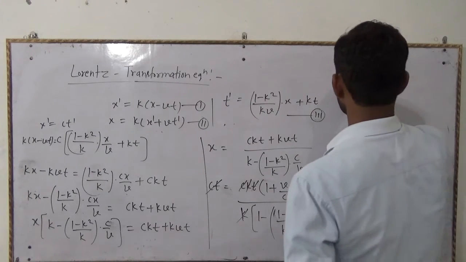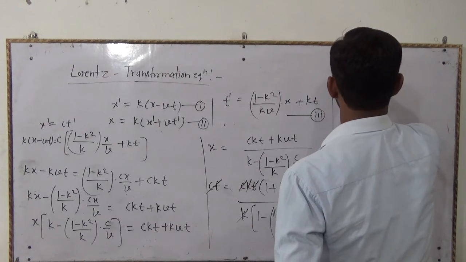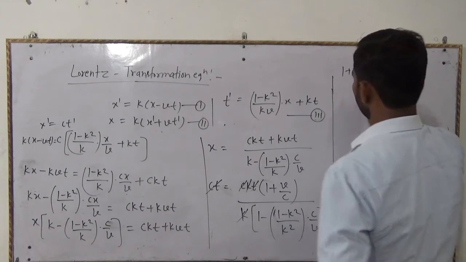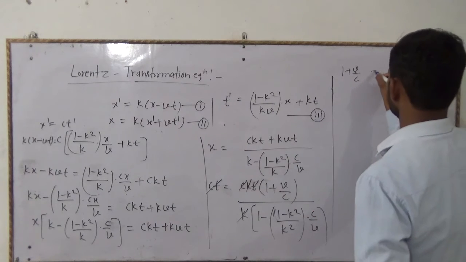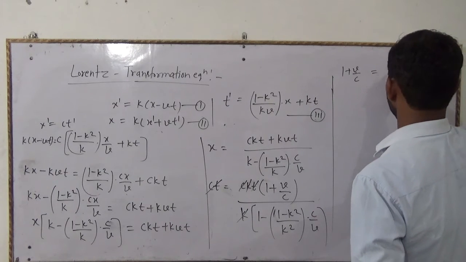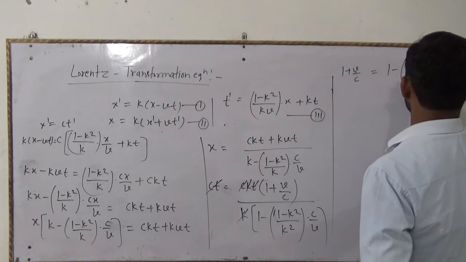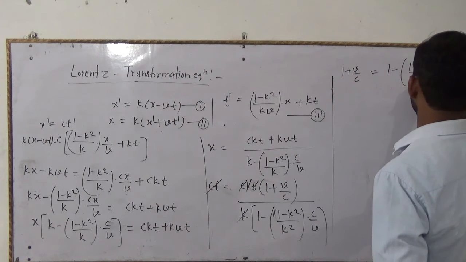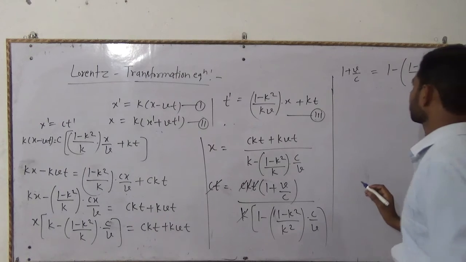So 1 plus v by c is equal to 1 minus k square by k square into c by v.